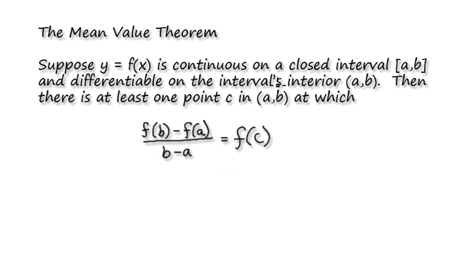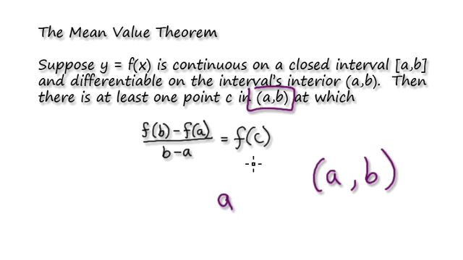So there must be a point C somewhere in between A and B. When you see this notation here, it means that C cannot be dead on A itself.